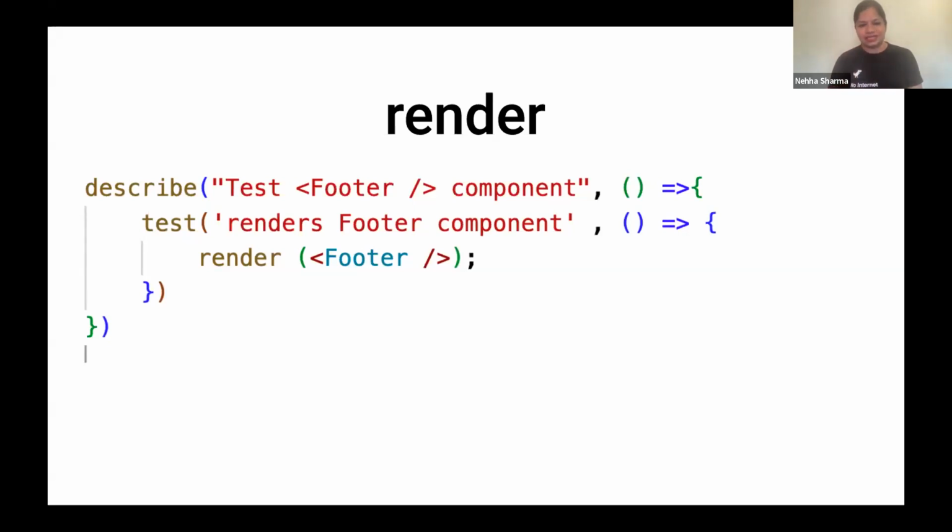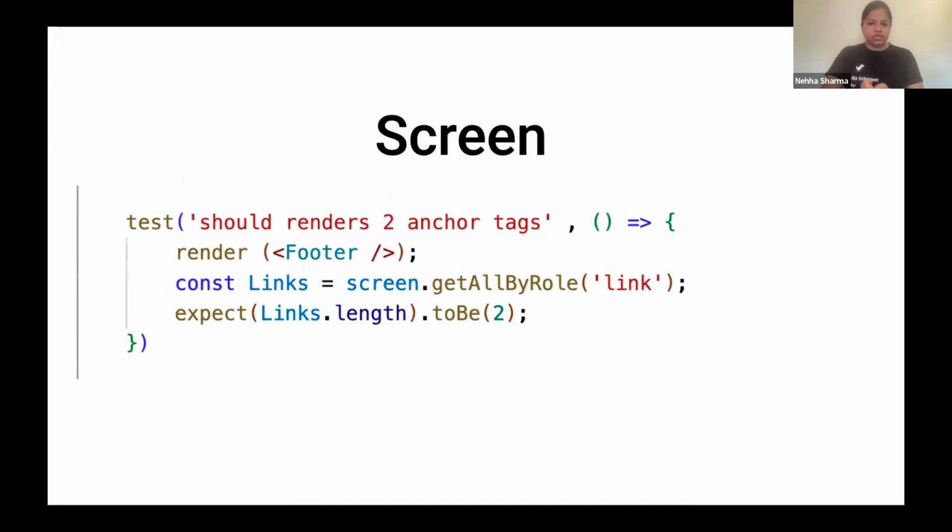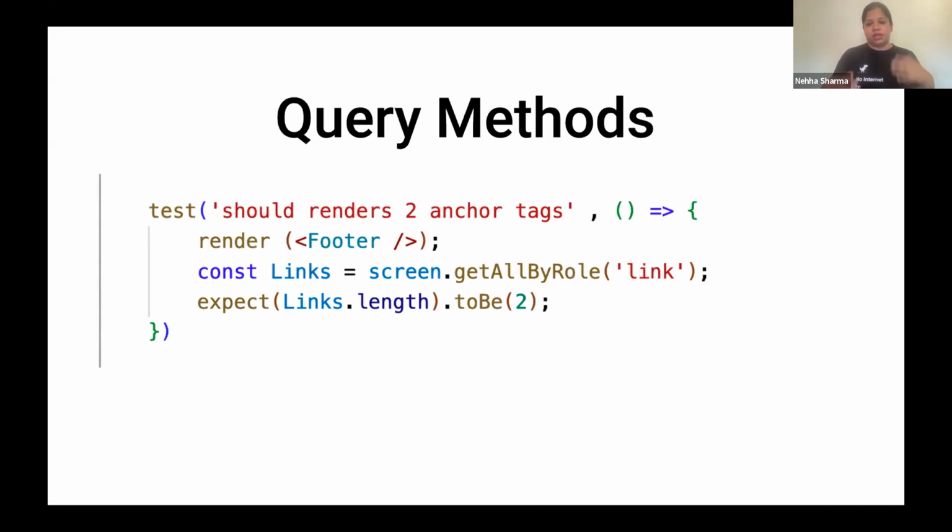So it's an organizational or code hygiene thing. It's good practice. I already told you about screen, that whenever you want to find elements in your DOM, at that time you need this. Now, the next thing is query methods. What are these query methods? React Testing Library has query methods: render, screen, and then query methods, the third thing.